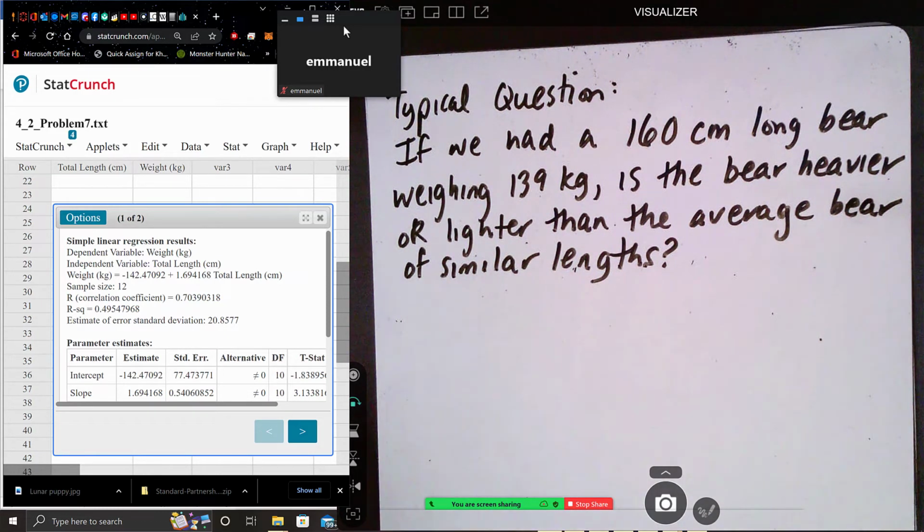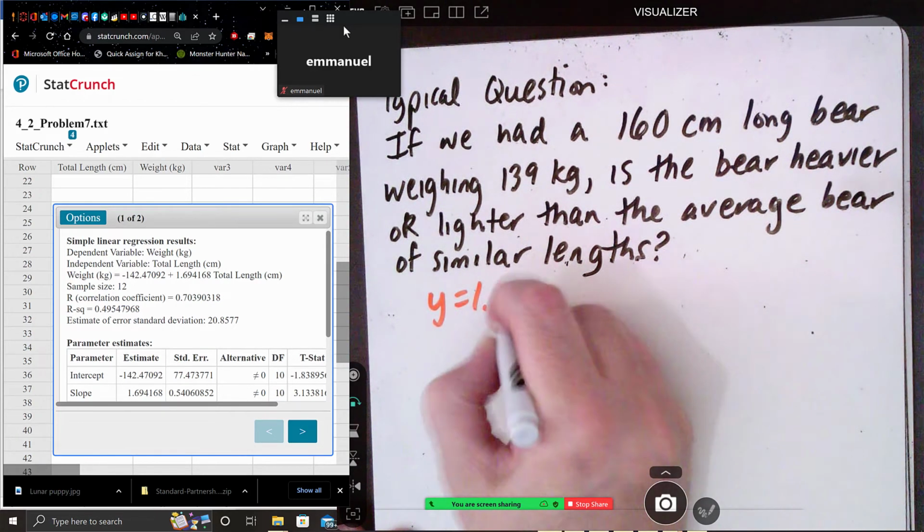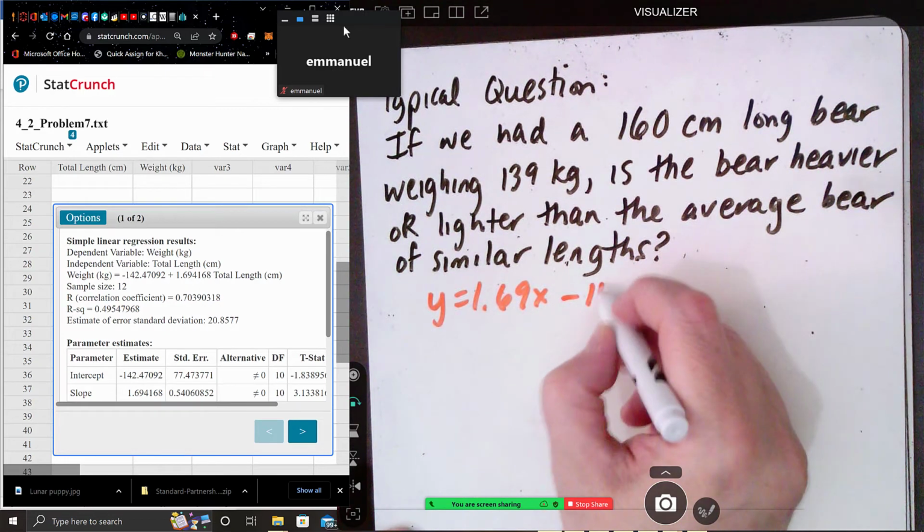I'll give you a bit to write that down. There's a lot there to unpack. Okay, so we had the equation y equals 1.69x minus 142.47.